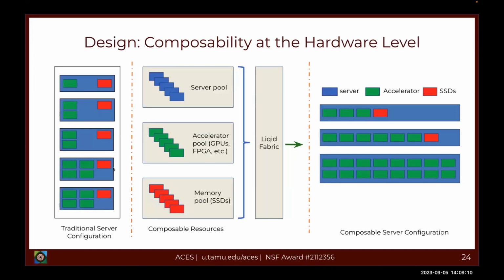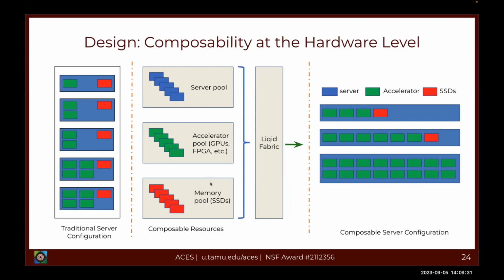Okay, and now here's a little bit deeper of a dive into FASTER and what it means to be a composable cluster. So the way traditional servers are configured, you have a certain amount of SSDs to a certain amount of accelerators, and they're hardwired in, and there's no ability to change them.